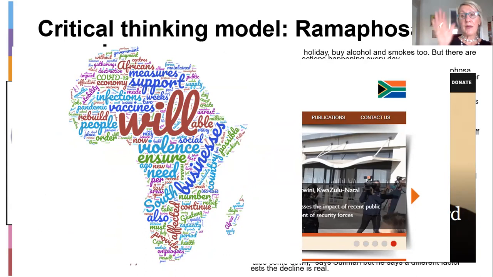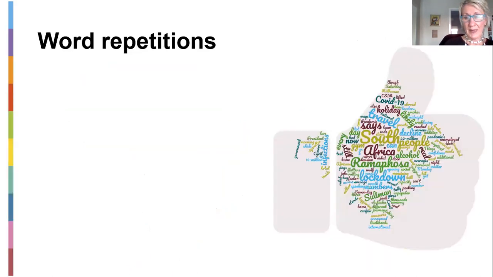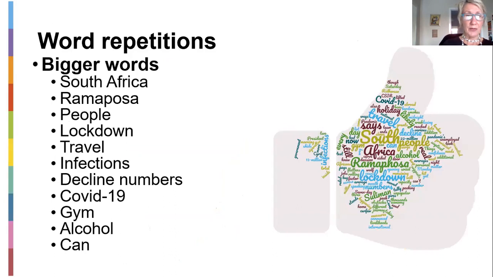So one way, if you want to check which words are being used and what the most common words are, is to go onto a word cloud, paste the text in, and you get a lovely shape as well, and you can see which words are actively being used. Again, that's the word repetitions, and you can see what the bigger words were: South Africa, all the way to can.